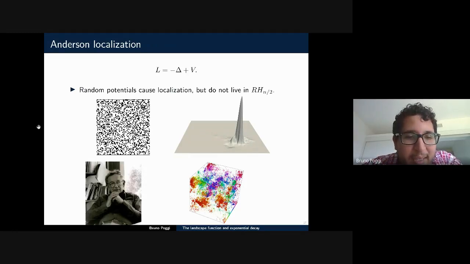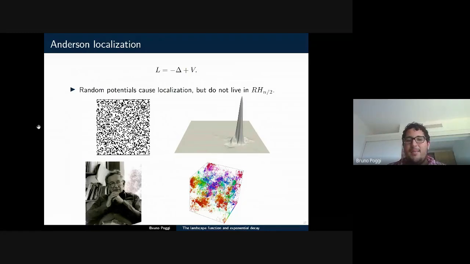On the left side, you have this thing that looks like a broken TV screen, when it's just static. But on each black square, the potential takes the value 1, and on the white squares, the potential takes the value 0. So this is a random potential.